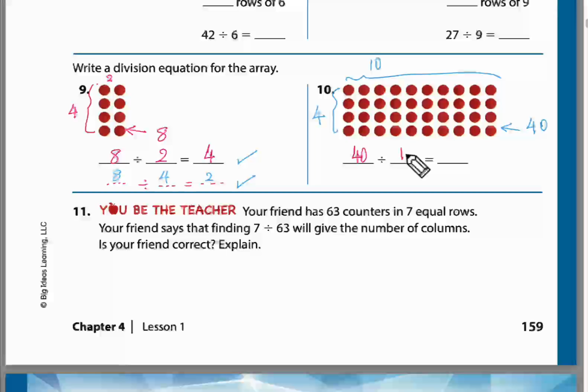Okay, then 40 divided by 10 equals 4. Okay, I will write 10 as the divisor, and the quotient should be 4. Okay, give me the other correct answer. You have another answer for this one? 40 divided by 4 equals 10. Excellent. Thank you, Abdullah. Great work.